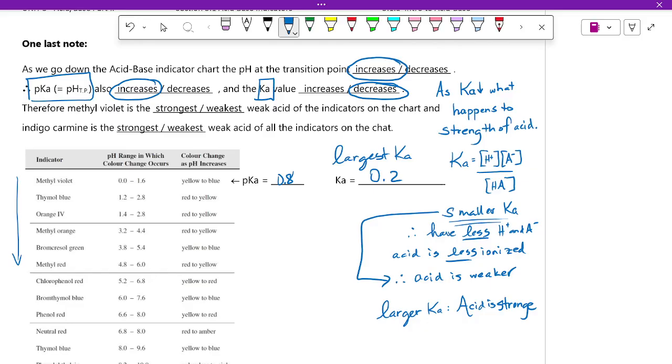If we have the largest Ka, methyl violet, it must be, is it the strongest or weakest acid? Strongest, because strongest have the largest Ka, strongest acid. Also, it's the pH that would indicate that. So that means that HMV is the strongest acid indicator.